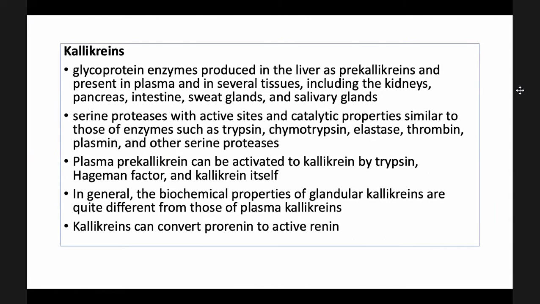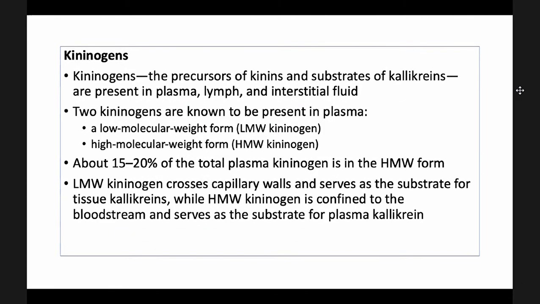Your plasma prekallikrein can be activated to kallikrein by trypsin, the Hageman factor, and your kallikrein itself. In general, the biochemical properties of your glandular kallikreins are quite different from your plasma kallikreins. Kallikreins can also convert prorenin to an active renin.